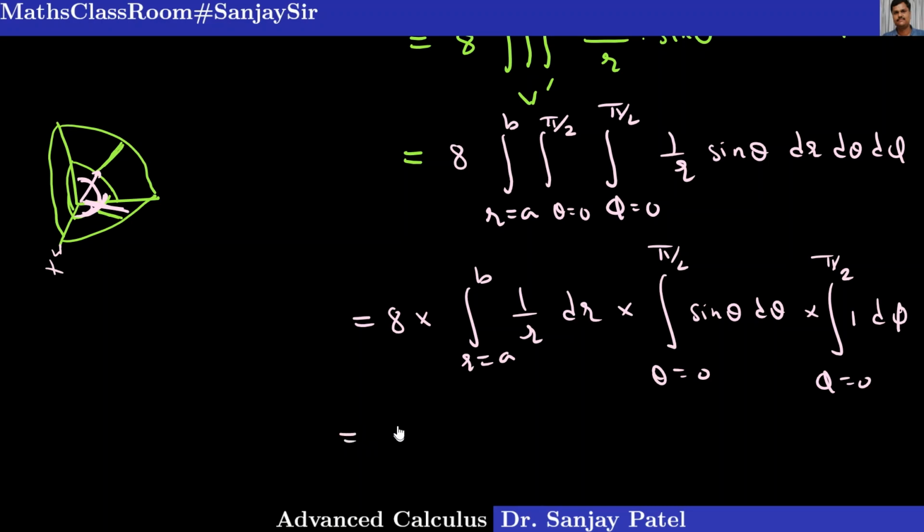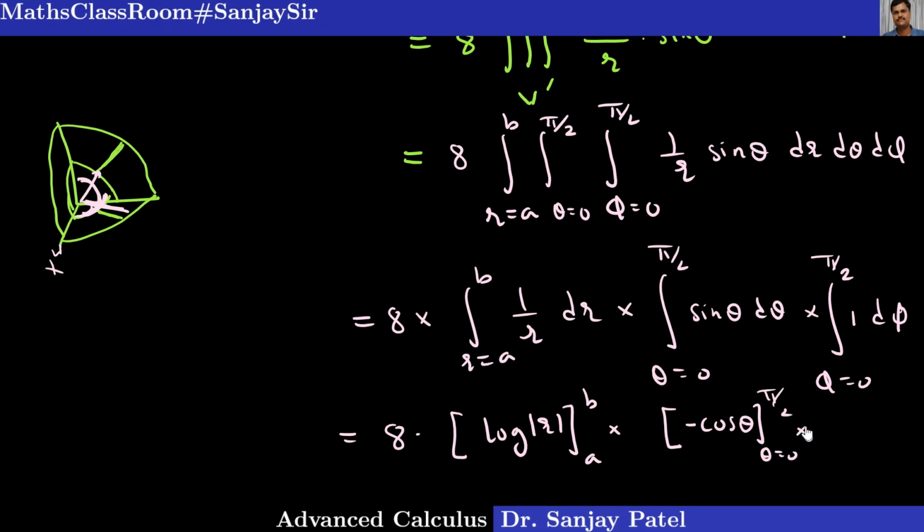So it is a very simple problem. So 8 into integral of 1 upon r is log of mod r, from a to b, into integral of sine theta is minus cos theta, from 0 to pi by 2, into integral of 1 is phi, because the variable is phi now, from 0 to pi by 2.